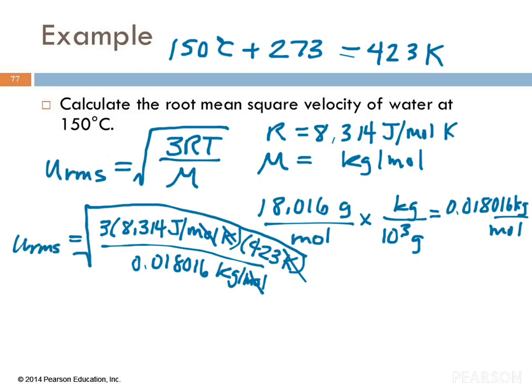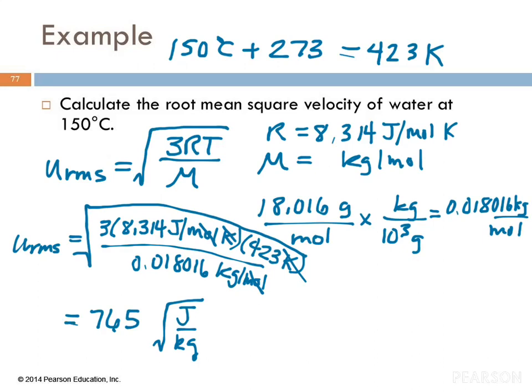So we have 3 times 8.314 times 423 divided by 0.018016 equals, and then I have to take the square root of the whole thing, and I'm going to end up with 765. The units I'm left with are joules per kilogram, but those are still under the square root.